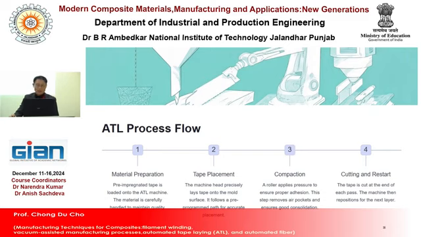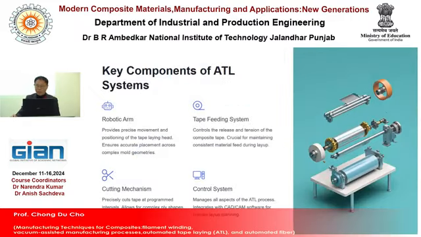It's automatic. So, the key components of an ATL system are a robot arm, a tape feeding system, a cutting mechanism, and a control system. All of these things have become possible only these days, not 10 or 20 years ago.